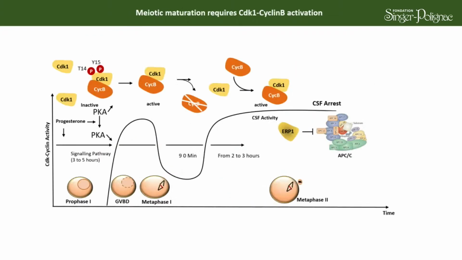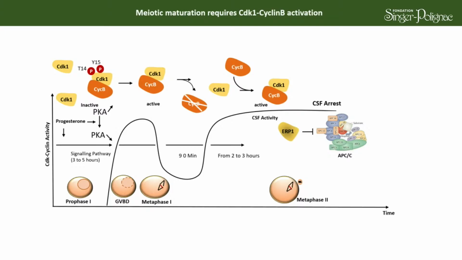To do that, we use the Xenopus oocyte. These oocytes are first arrested in prophase 1 of meiosis for years, and progesterone releases this arrest. Three to five hours later, the oocytes reach GVBD and metaphase 1. In Xenopus, it's easy to score oocytes in GVBD because we can see a white spot in the dark animal pole.